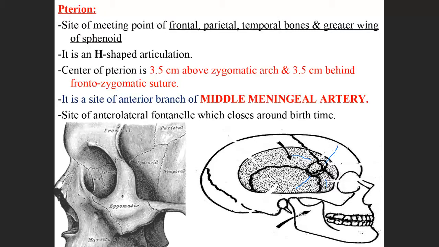Sorry, the greater wing of the sphenoid bone. All these bones meeting in this area is called the pterion. It is the meeting point of frontal, parietal, temporal, and greater wing of sphenoid, and it is an H-shaped articulation. You can see here, it is H shape like this.